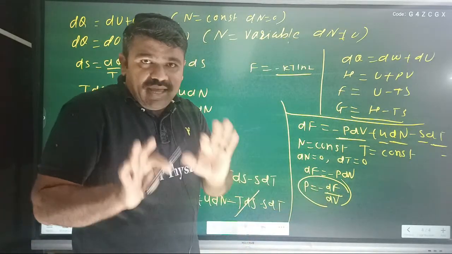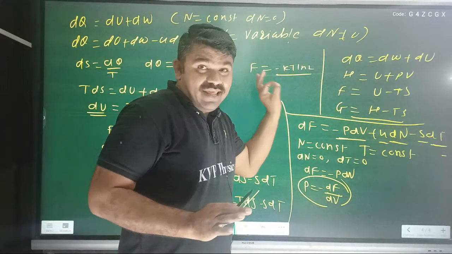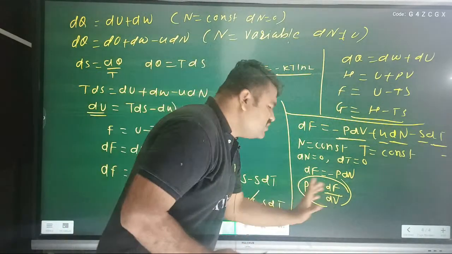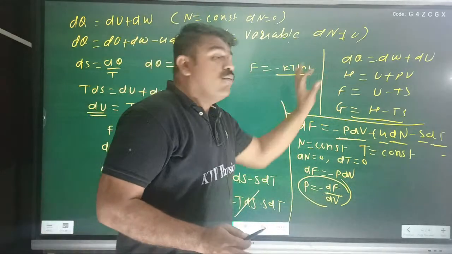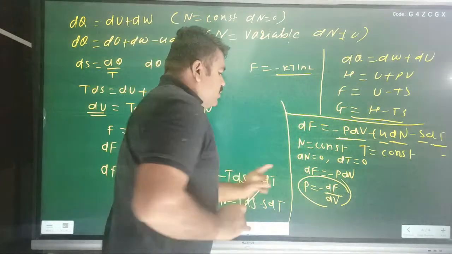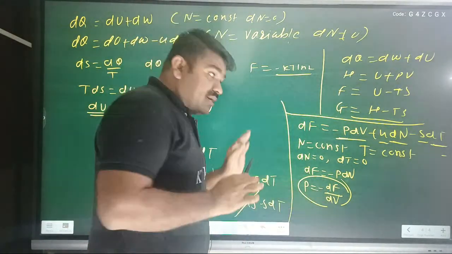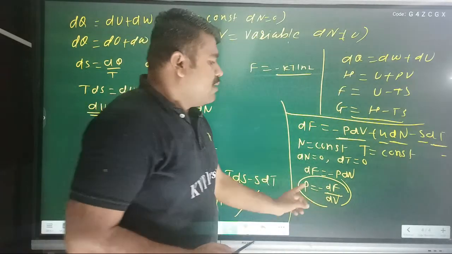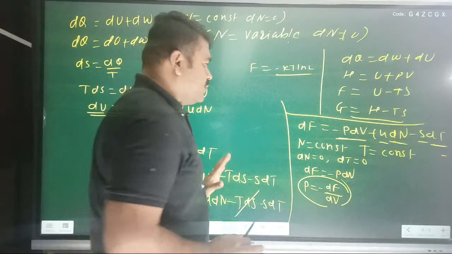Suppose this function F does not contain any V, then the pressure is equal to 0 because no volume part is present. Clear? If F contains the volume, the pressure is not equal to 0. And what is the pressure formula? Pressure is equal to minus dF upon dV. Clear? First one.